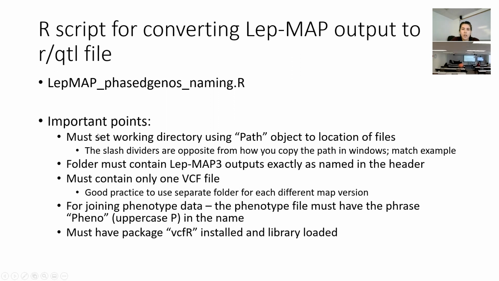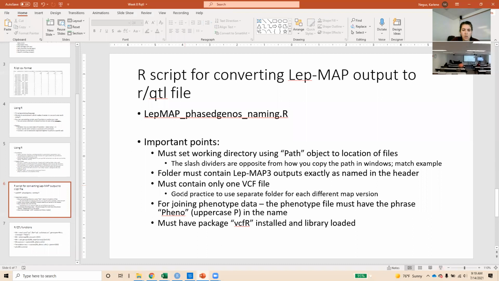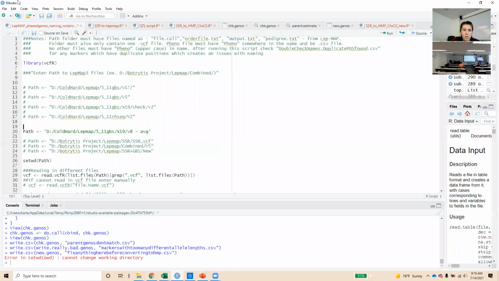Additionally, if you're working in Windows, the slash dividers in the path, which I'll show you in a second, are opposite from how you copy it in Windows. So always make sure to match the example listed in the script. And I'll show you what I mean.